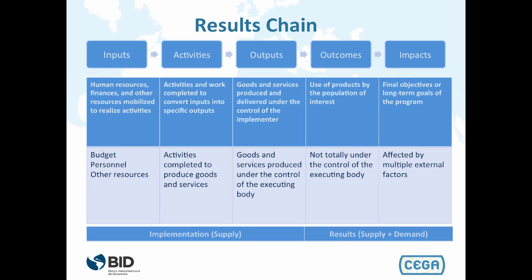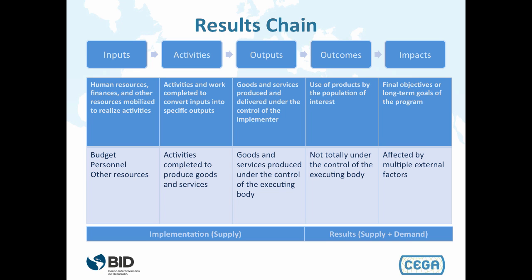An example might be we're trying to improve school test scores by teacher training. Well, the inputs would be teachers, curriculum, money in order to run training programs for the teachers. The activities are the teacher training programs and all of the necessary work that needs to be put into designing the curriculum.